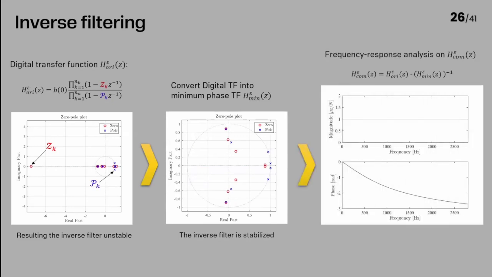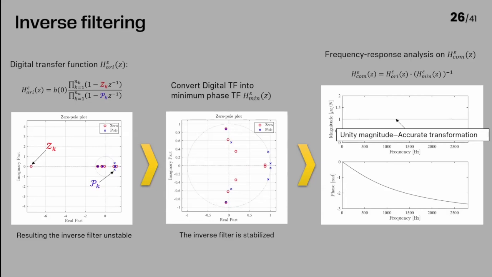To evaluate this transformation, we conducted a frequency response analysis on the combined transfer function, which is the product of the original transfer function and its minimum phase inverse. And results showed a unity magnitude, confirming the accurate transformation.